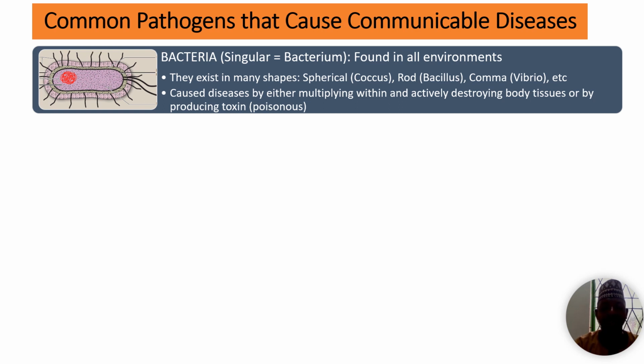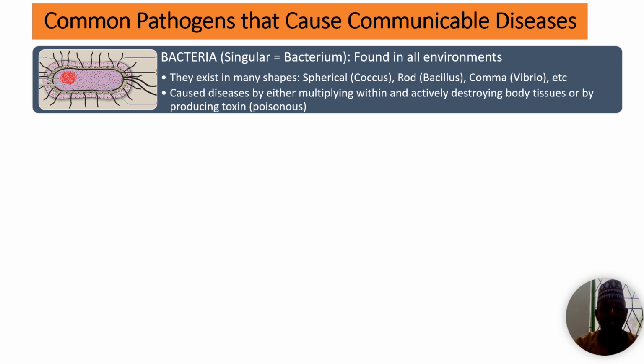Bacteria generally cause diseases in two ways, either by multiplying within the body and actively destroying the body tissues, or by producing a toxin which has the capability to cause diseases in the body.